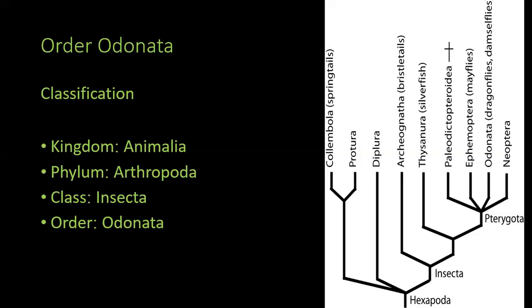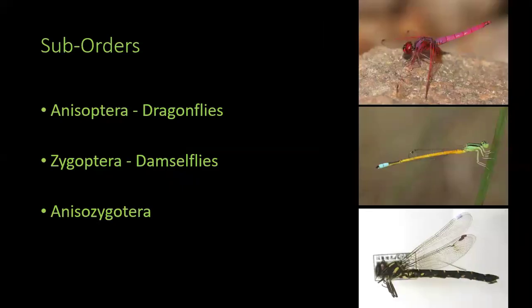Under order Odonata, there are two primary suborders, and there is also a third suborder, which certain people recognize as a different suborder, but certain others don't. Generally, when we talk about dragonflies and damselflies, the two major suborders, Anisoptera and Zygoptera, are the primary suborders that we always discuss.